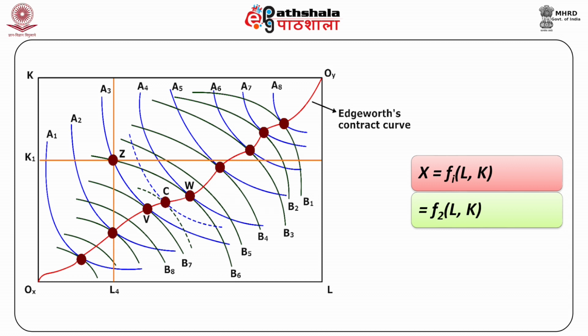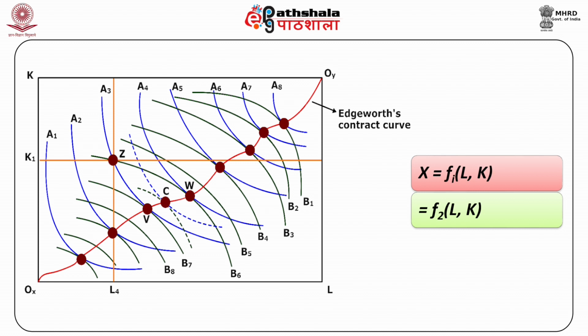This is the first question. But there is a second question also, that is, is there any unique equilibrium? Because first of all, we would be considering the optimization with respect to one given pair of isoquants.